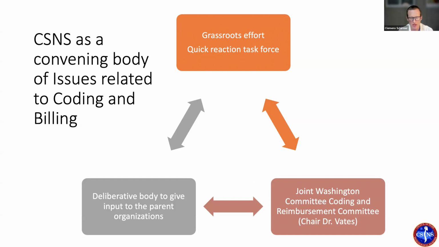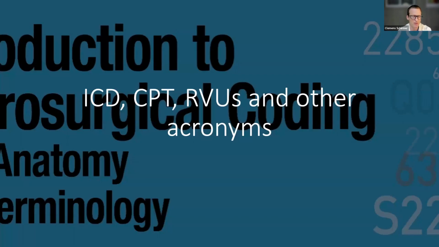We want to hear about changes in payer policy, have a quick reaction task force around these kinds of issues. But we also want to be a deliberative body to give input to the parent organizations and the joint Washington Coding and Reimbursement Committee that both Dr. Timmy Allen and myself belong to, and is currently chaired by Dr. Vates, and is really the true convening point in neurosurgery for these issues.